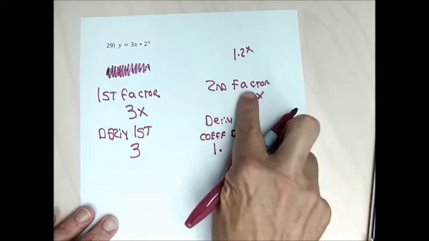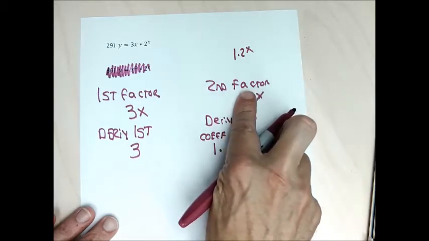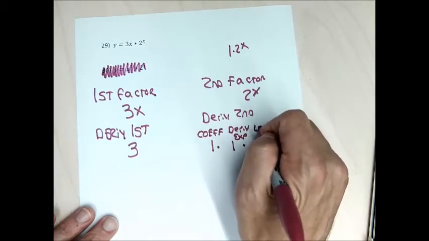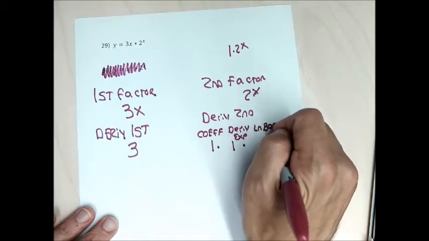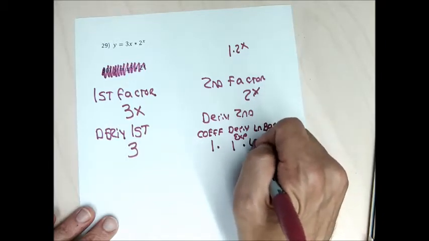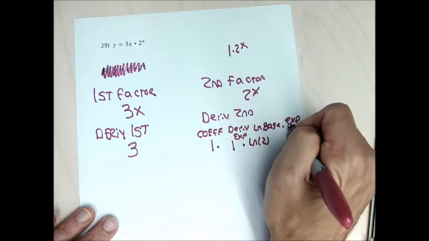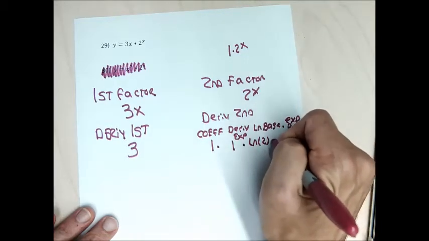The exponent's just 1x. The derivative of 1x is just a 1. It's the number preceding the x, times the natural log of the base. The base is 2, so I'm going to get a natural log of 2 times the exponential piece, which is the 2 to the x.